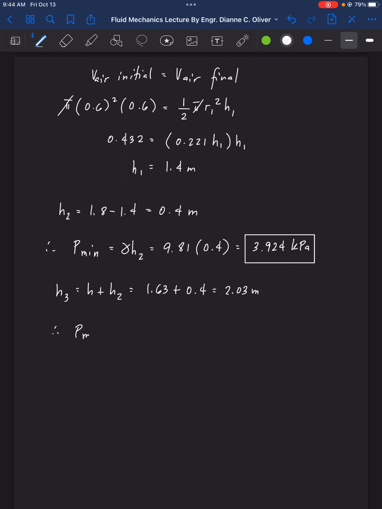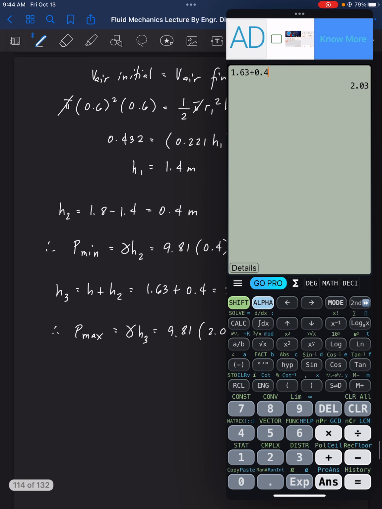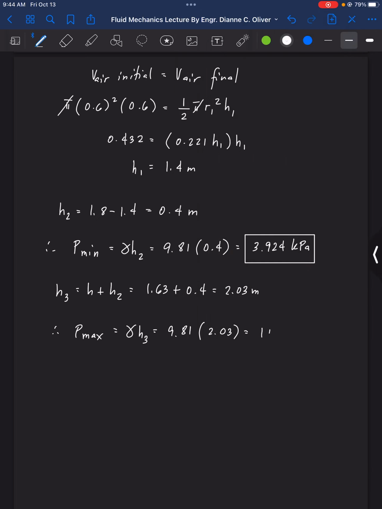Therefore, P max is equal to gamma H3, 9.81 times 2.03, that is equal to 19.91 kilopascal. So that is our P minimum and P maximum.